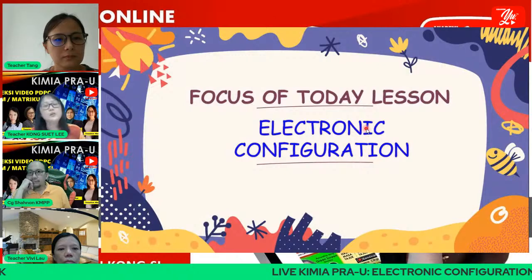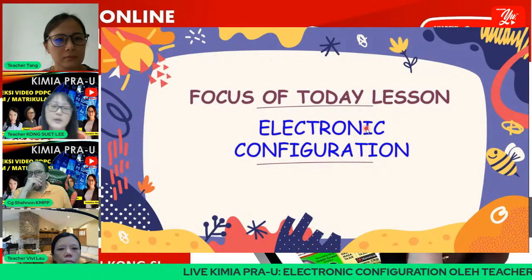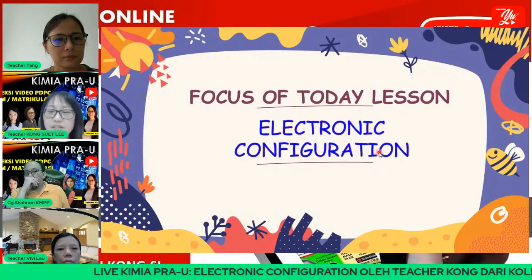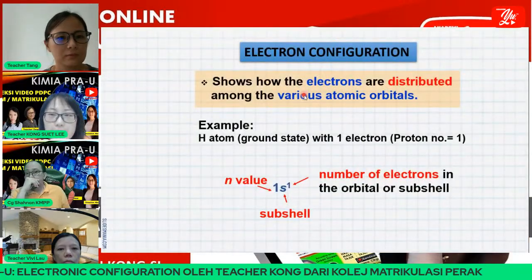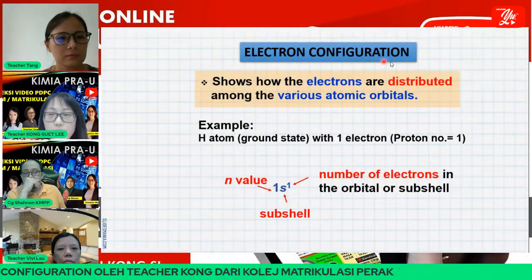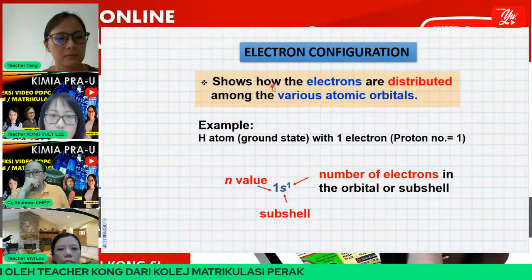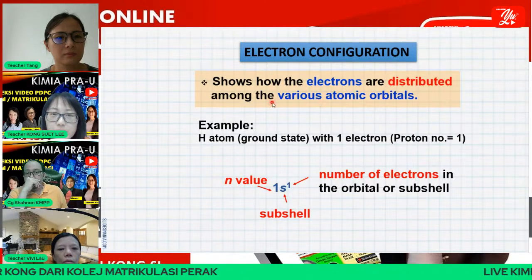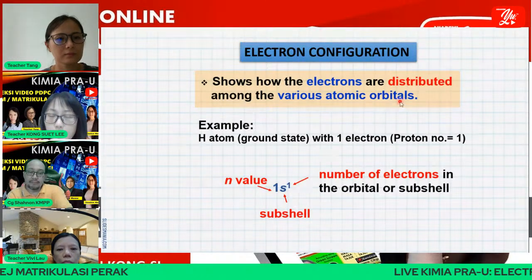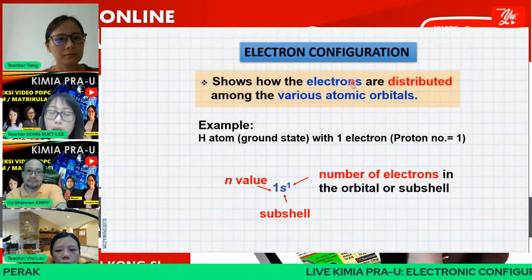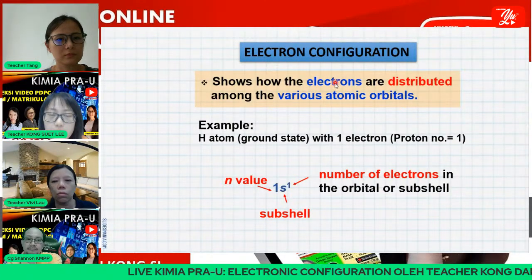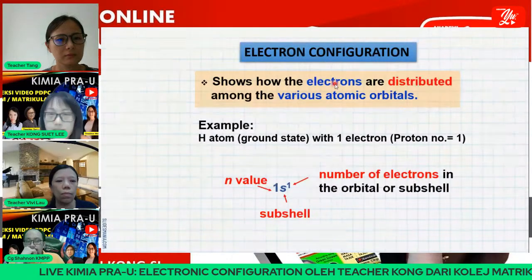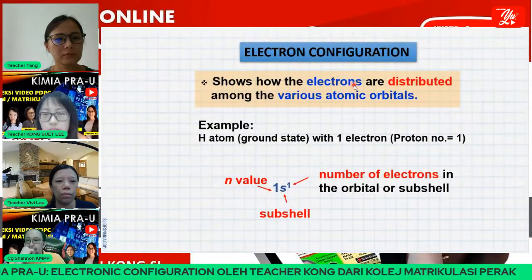Now let's start our focus of today's lesson, electronic configuration. First of all, what is electron configuration? It shows how the electrons are distributed among various atomic orbitals. Of course, we must know the electron number. We can refer to the proton number because in a neutral atom, the proton number is equal to the electron number.